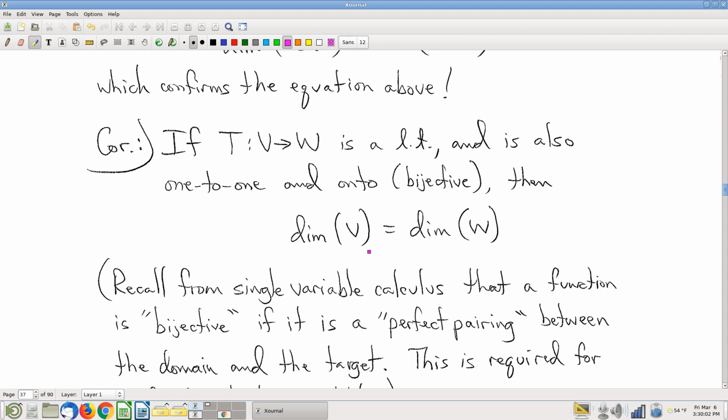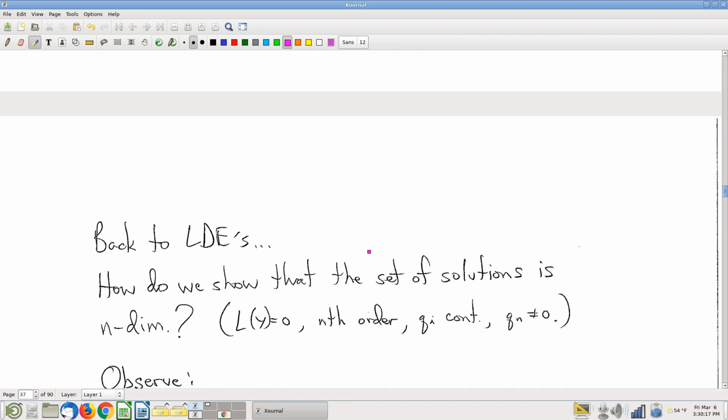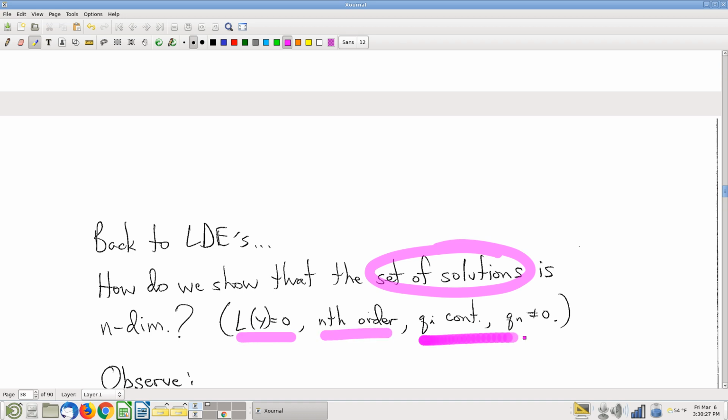We're going to close a loophole, a dangling thread we're going to cut finally. Pick your metaphor. From Chapter 4. Let me remind you, from Chapter 4, we talked about differential equations, linear differential equations. Specifically, we talked about solutions to homogeneous, nth order differential equations satisfying the conditions of the existence and uniqueness theorem.